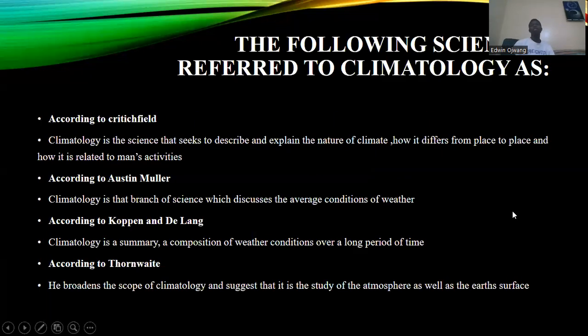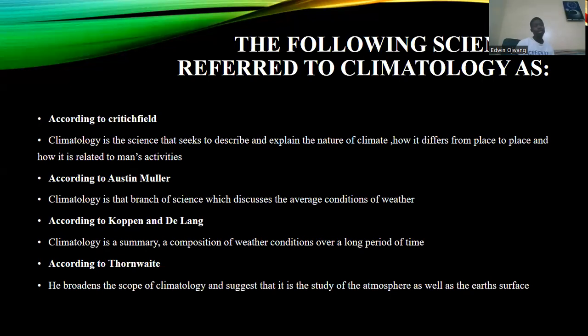Now, let us look at how some of the scientists refer to climatology. According to Critchfield, climatology is the science that seeks to describe and explain the nature of climate, how it differs from place to place, as well as how it is related to human activities. Another scientist is Austin Miller, and according to him, climatology is that branch of science which discusses the average conditions of weather.